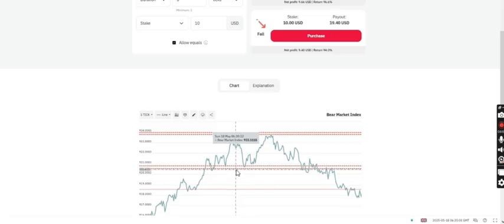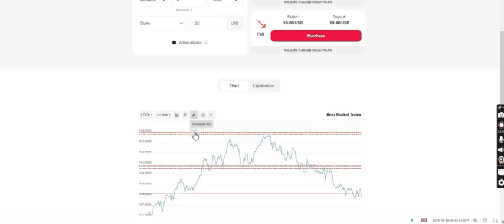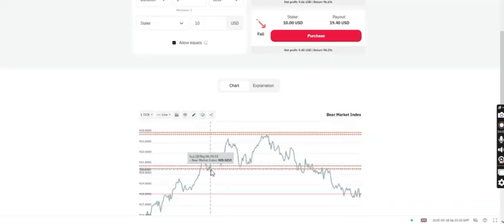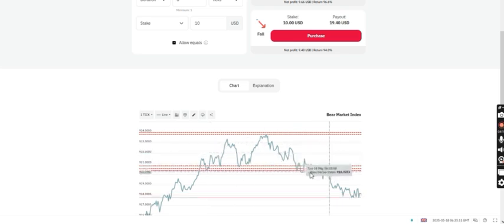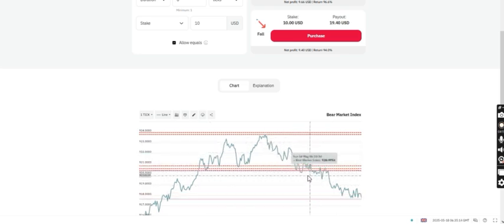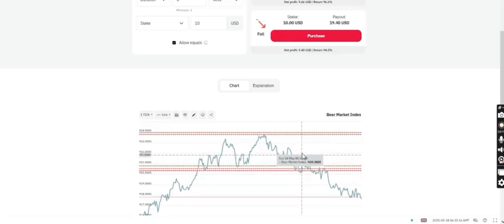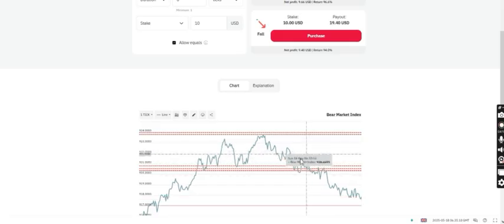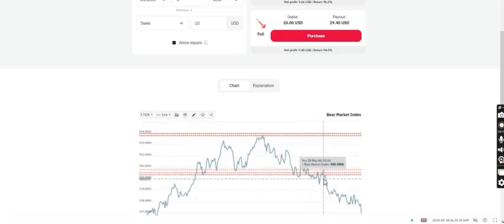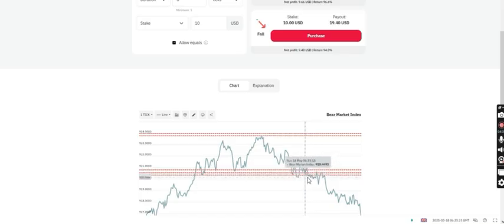Price had to retest it. Aggressive price had to test it. That's how we're able to get our 6 ticks.